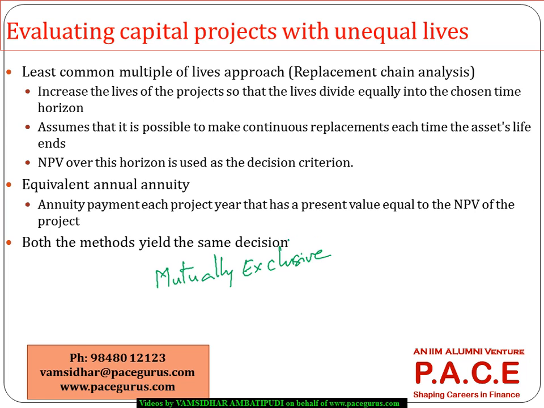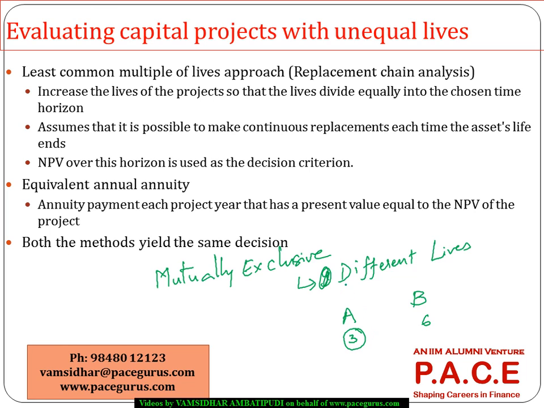Those are the ones we categorize as mutually exclusive projects, and especially if they have different useful lives. So probably I have to make a decision between project A and B. Project A has a 3-year life, whereas B has a 6-year life, but I can repeat this project at the end of 3 years, making it 6 years.